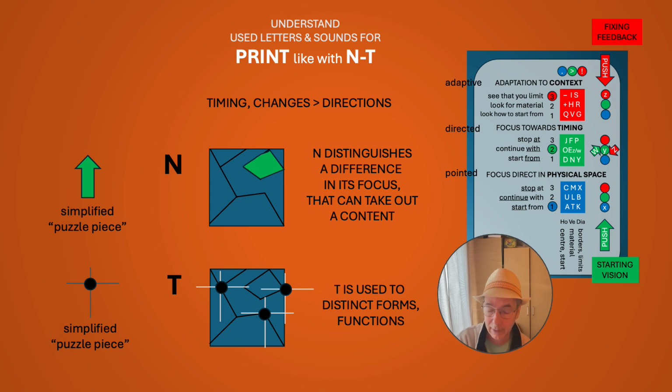I don't need that arrow, but it's that idea of, oh, I notice a difference, I take out something in a different context already, is already a first association that you can have there.